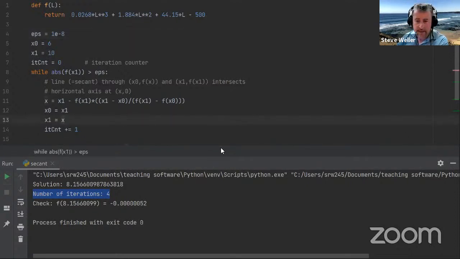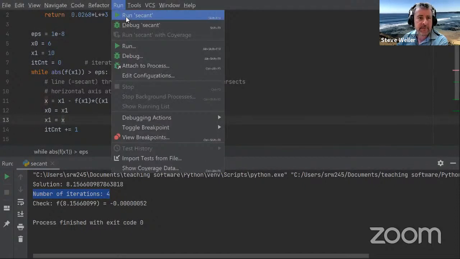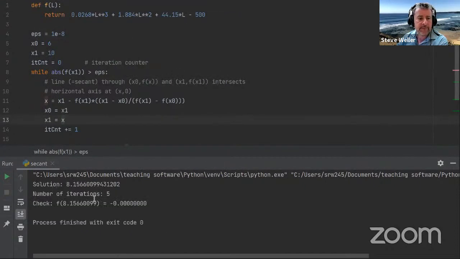So let's run it and see. Okay, so we took an extra iteration. That's one observable fact. It's not surprising that requiring a solution to a greater level of accuracy requires an increased number of iterations.